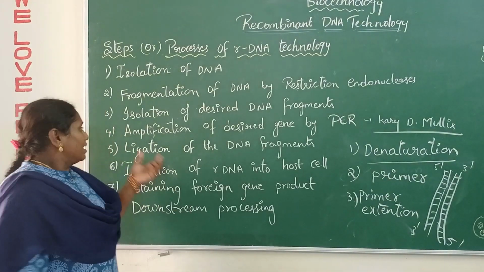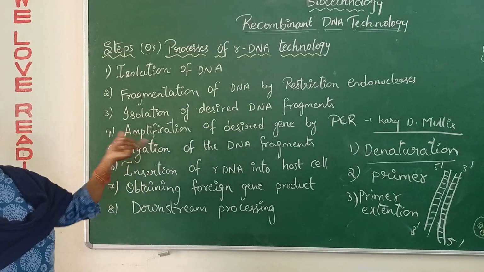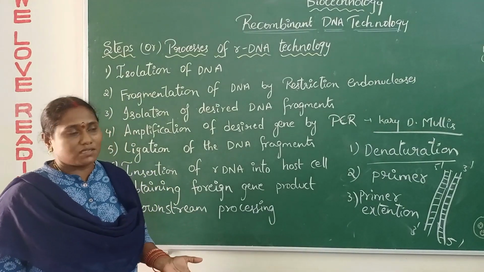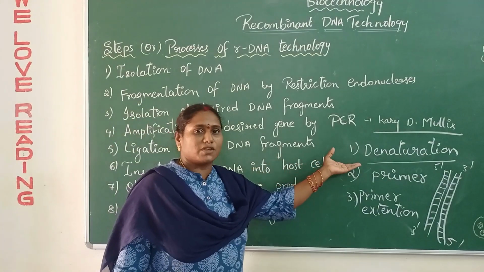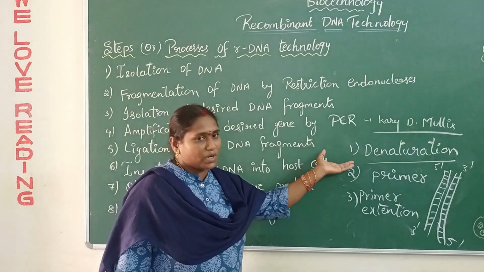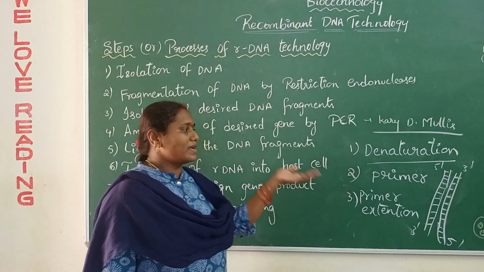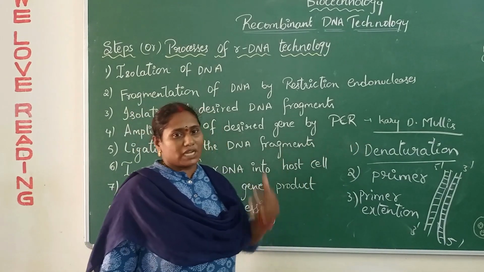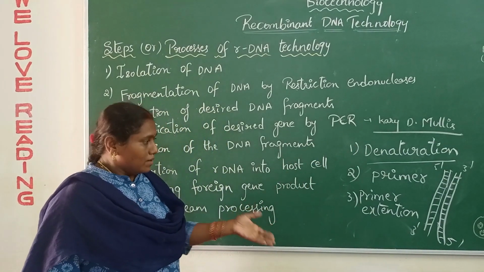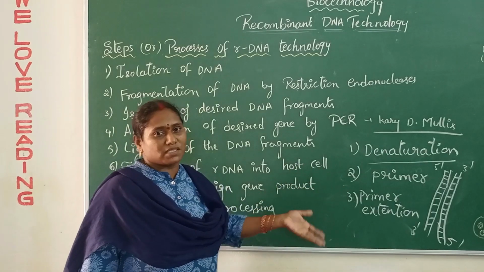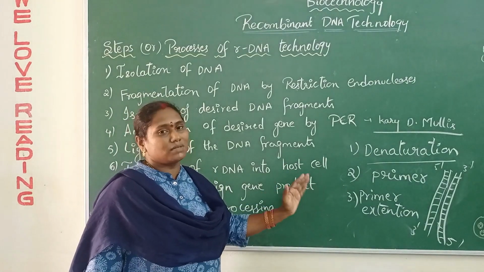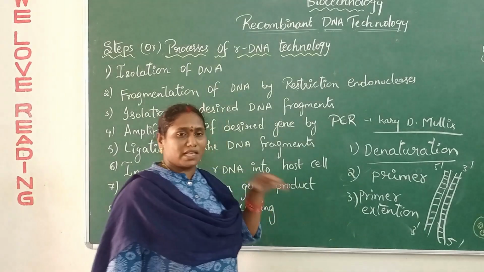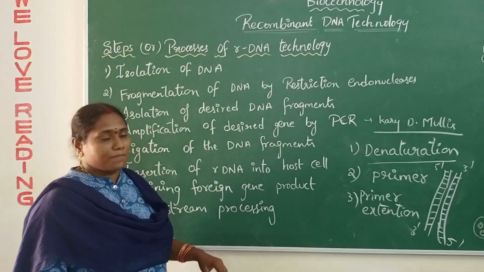In this amplification process, we are cutting the double stranded DNA molecule into two individual template strands by a process called denaturation, where we are increasing the temperature to 95 degrees centigrade. Second, we are using the primers at the 5' or 3' end, where we are developing a new strand opposite to the template strand. And the third one is primer extension, which is done by an enzyme called polymerase.